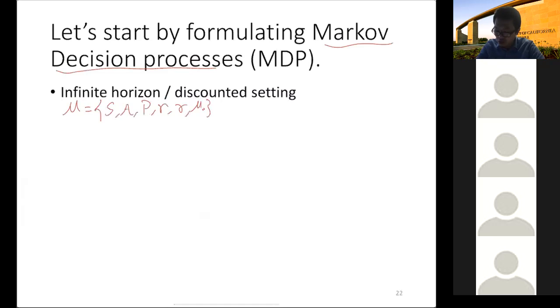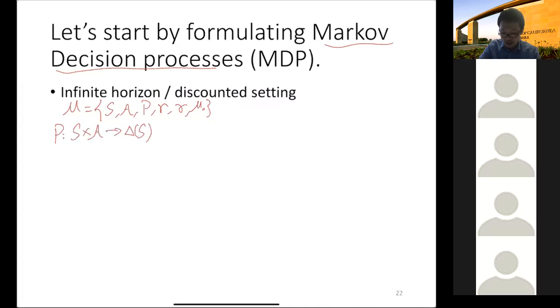There are various versions of Markov decision processes. For this lecture and many of the subsequent lectures, we'll be focusing on the infinite horizon discounted setting. Now let me parse some of these things that I didn't talk about at the beginning. I'll start with P. P is a transition kernel, a function that goes from a state and action pair to a probability distribution defined on the state space, right?